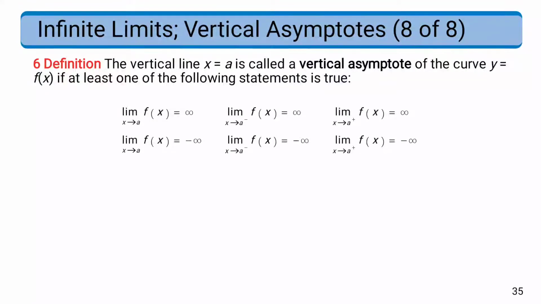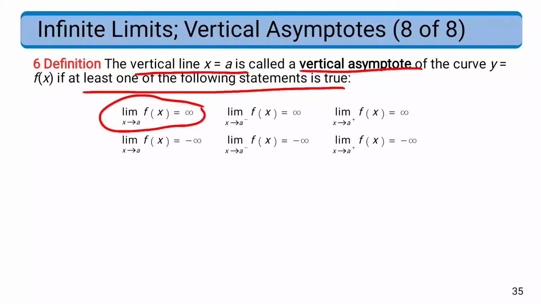So, what is our take? We want to introduce the vertical asymptote. A line x equal to a becomes a vertical asymptote if at least one of the following statements is true. You could have the limit of f of x being infinity as x goes to a, or you could have the one-sided limit when you approach from the left being infinity, and also when you approach from the right being infinity, or the negative of all of them.